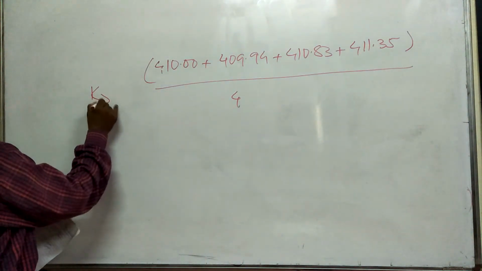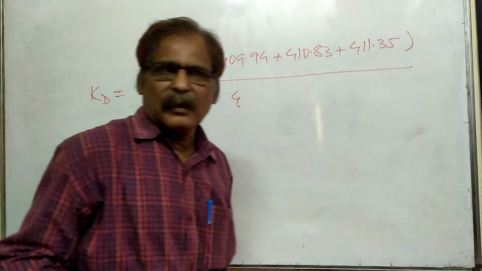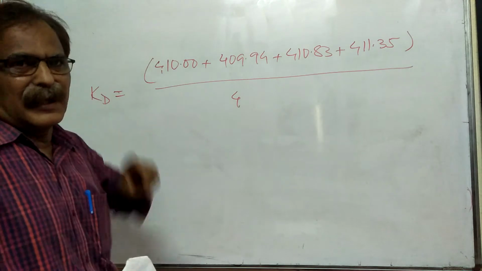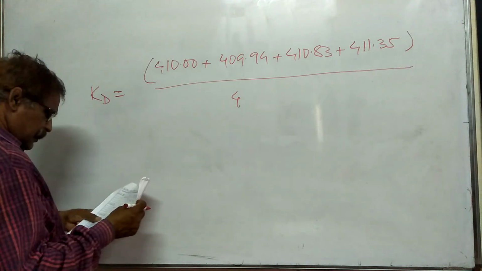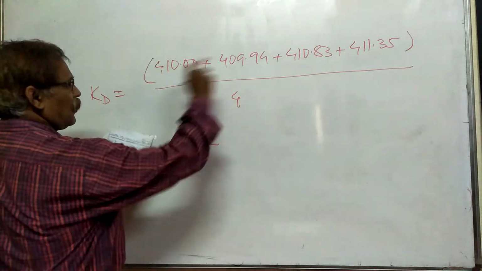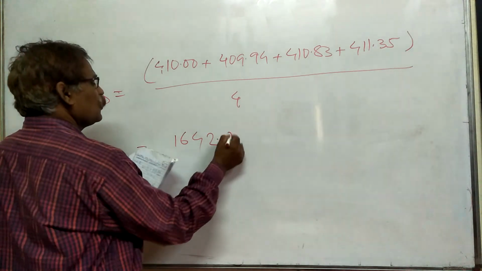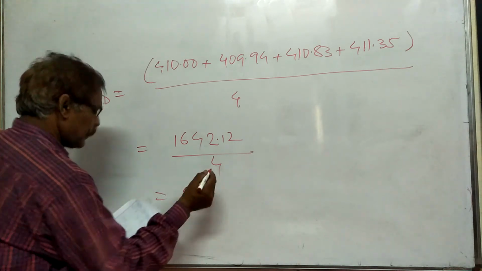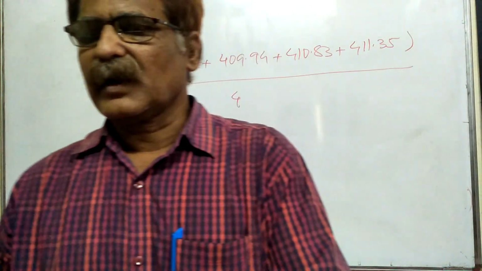Therefore Kd in this particular case is equal to the summation of partition coefficient values in each case divided by the number of experiments, and here we find that the summation of all these values is 1642.12, divided by 4, and it becomes 410.53.